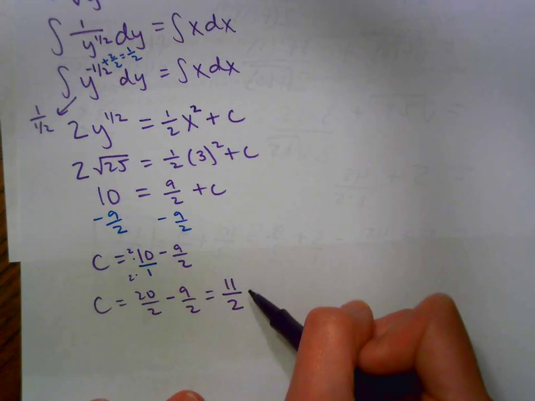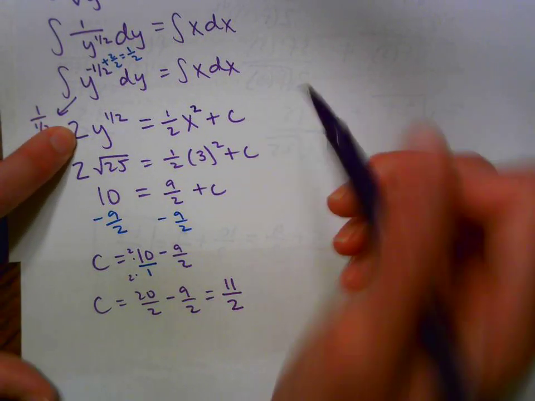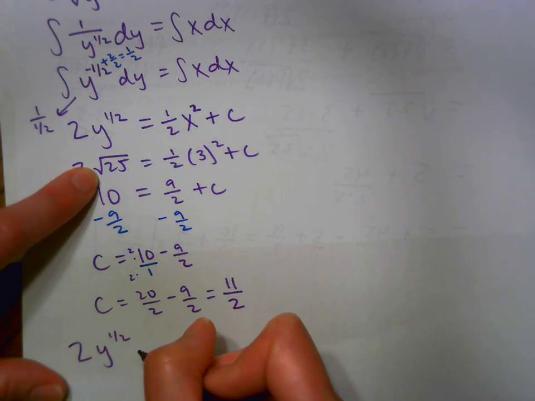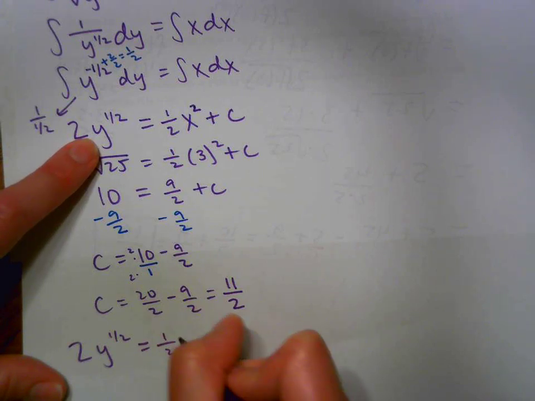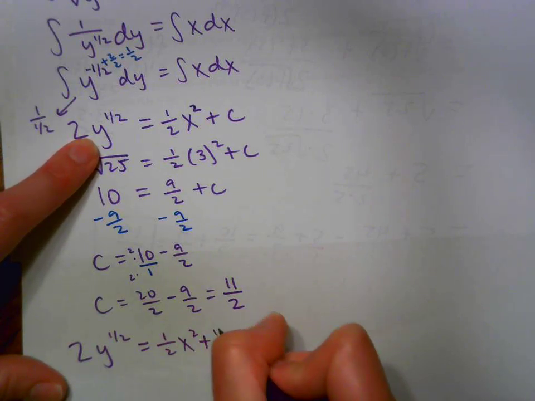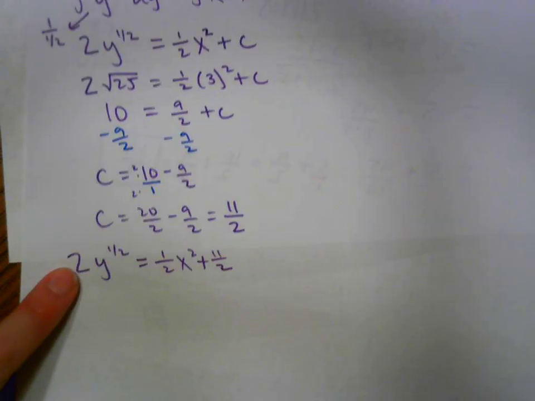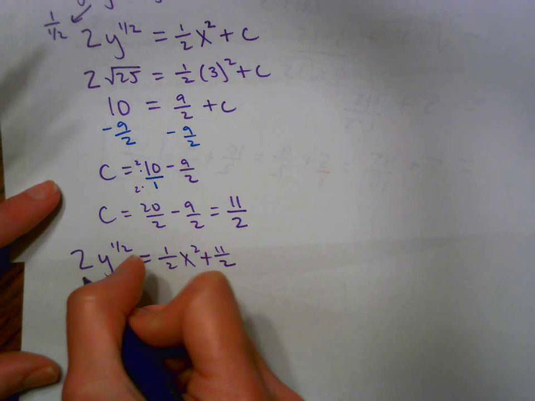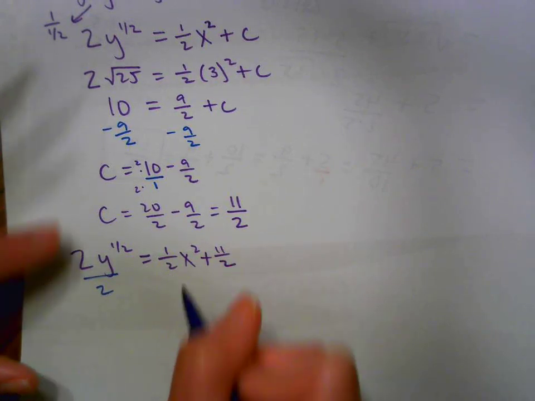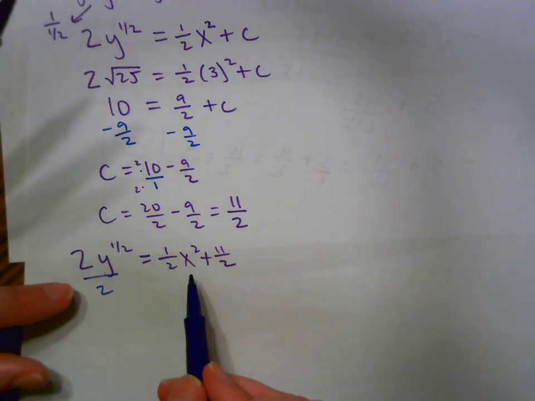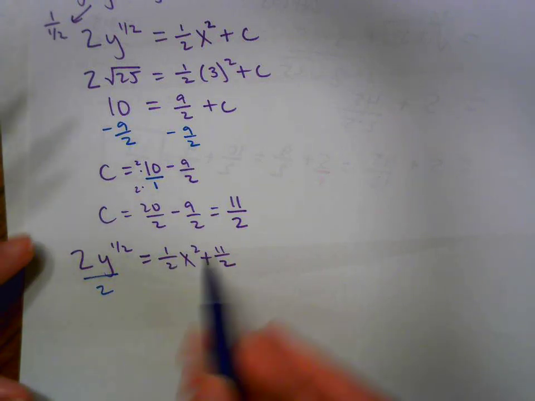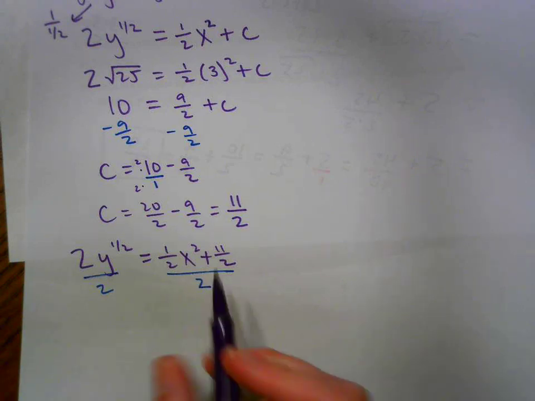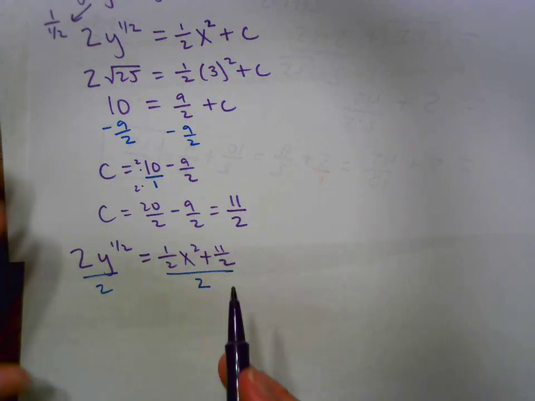So what do we do? We go back and replace our c after we integrated. So it's 2y to the 1/2. You could also use square root of y equals 1/2 x squared plus 11/2. And now we want to solve for y because we want the solution y equals. So your first step is you would divide by 2. If you left your answer like this, I think you would still get credit, but it's messy.